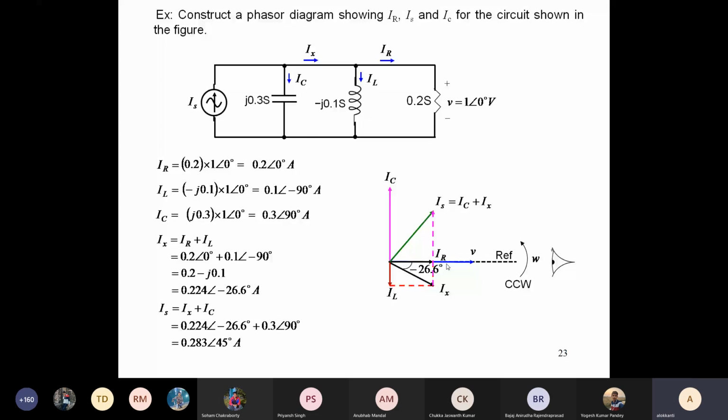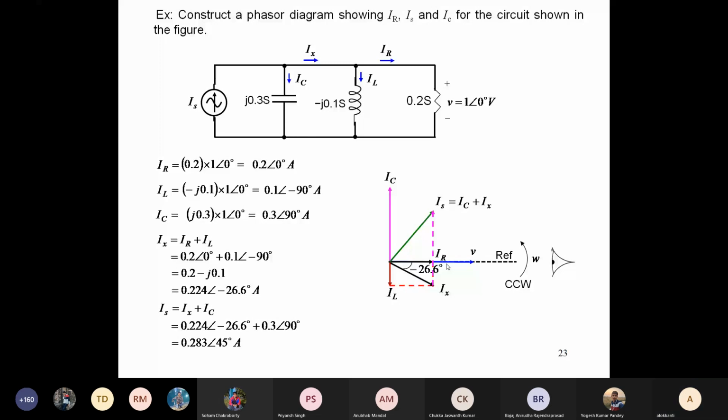And then your Ir magnitude is also 0.2. So that triangle is basically an isosceles triangle with two sides 0.2, 0.2. So the angle becomes 45 degrees. So even this problem could have been done orally. Only for the magnitude, it is 0.2 square plus 0.2 square, and the square root of that should give you the magnitude.